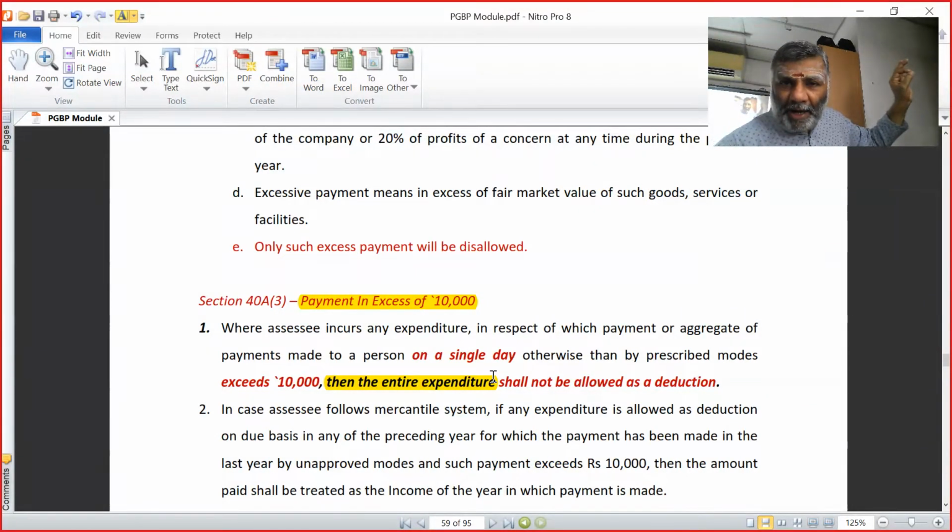Expenditure is incurred in the year 19-20. As on 31st March 2020, or 31st March 2021, you pass an entry, expenditure account debit to outstanding expenditure, for which the payment is made in the current year, which is in excess of 10,000, which is in violation of 40A(3).